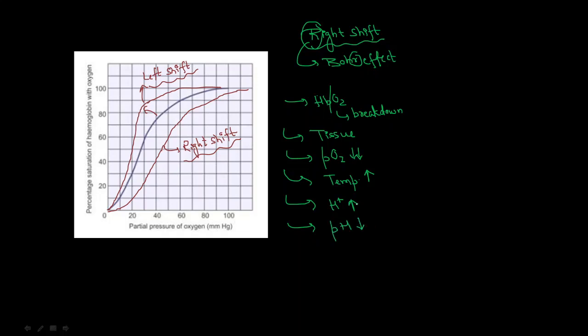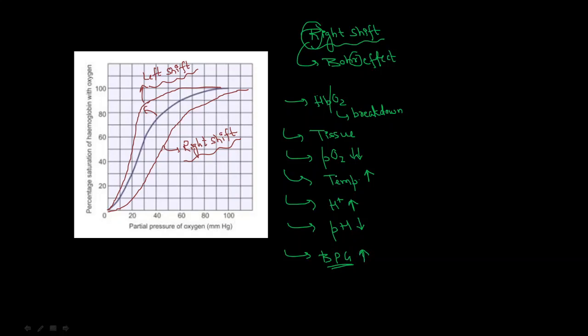When protons are high, the acidity will remain high, so pH will remain low, right? And also the bisphosphoglyceric acid is a product of glycolysis. Glycolysis is happening in the cell, so the bisphosphoglycerate level is also high.